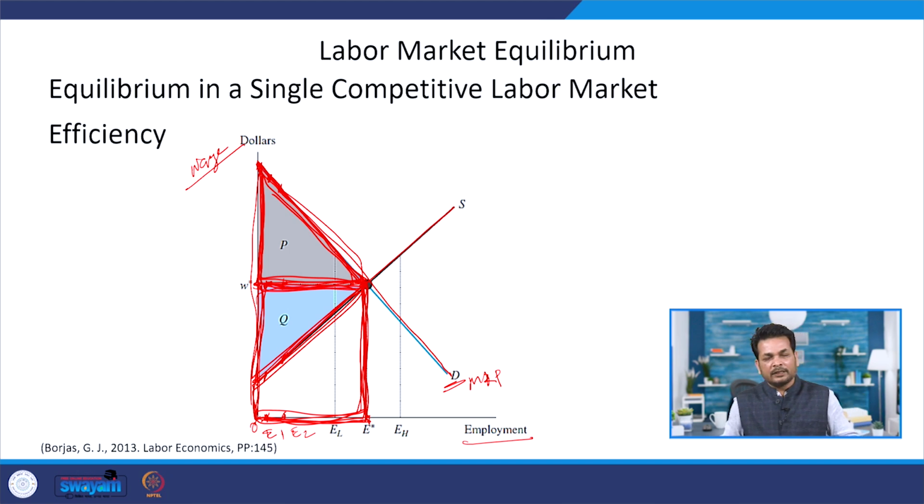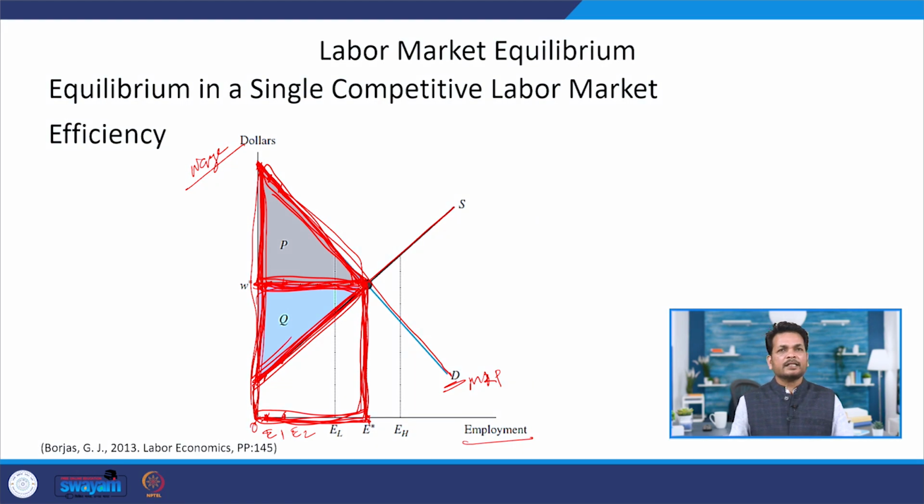So, if you add both these players, the employer and the employees: from the employer's perspective, the triangle P is the surplus. From the workers' perspective, Q, this triangle is the workers' surplus. If you add these two, the worker surplus and the producer surplus is maximum when the farm is operating at this point.